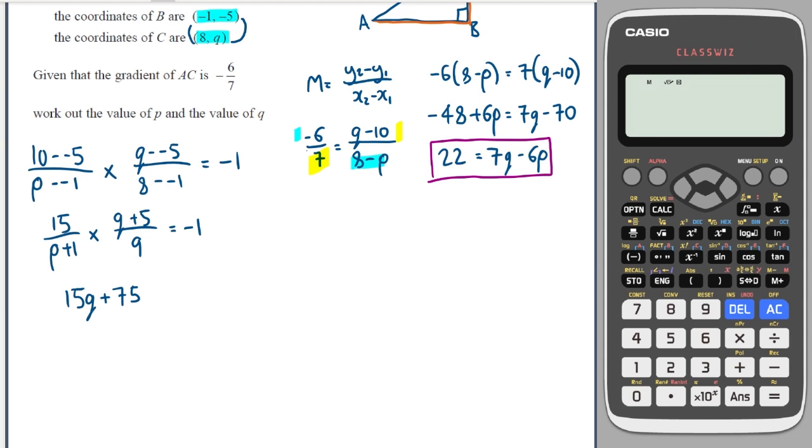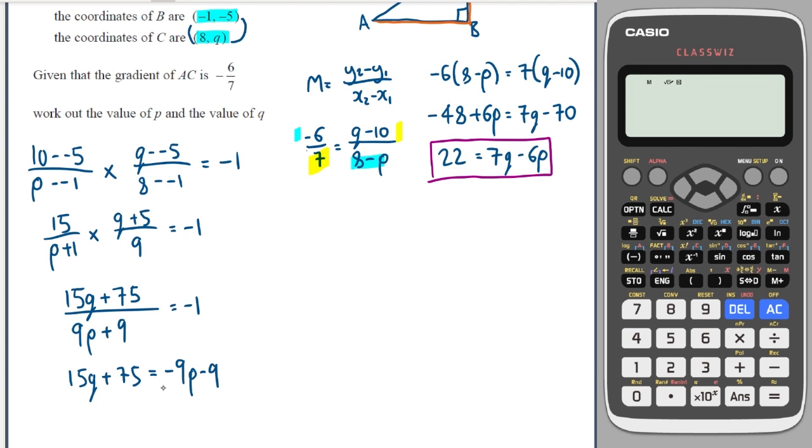And on the bottom, we're going to get 9 times p plus 1, so 9 times p, and 9 times 1. Okay, then I'm going to take the denominator and multiply it to the other side. So I get 15q plus 75 is equal to, times it by minus 1 is just going to make everything negative. So minus 9p minus 9.